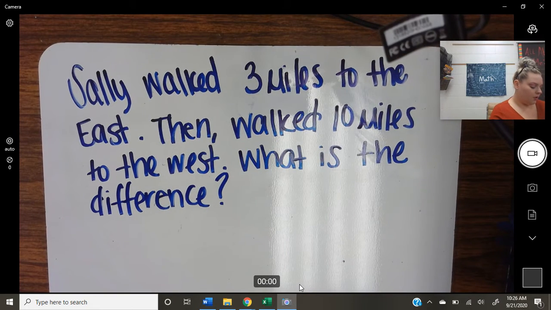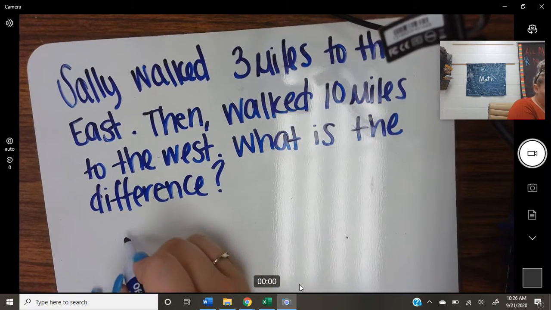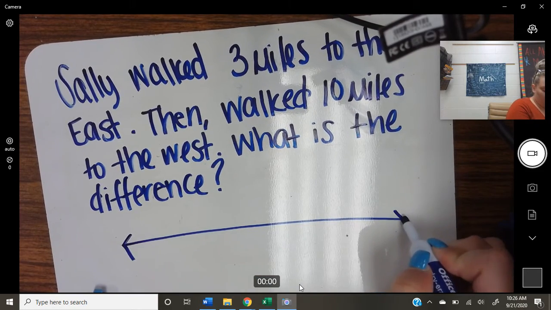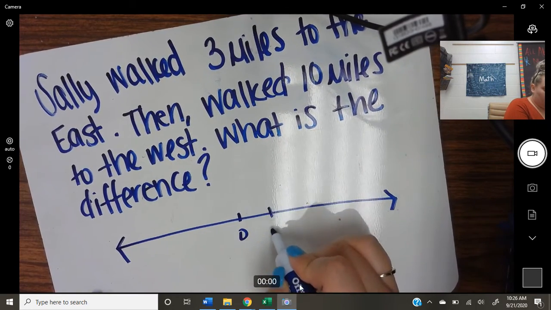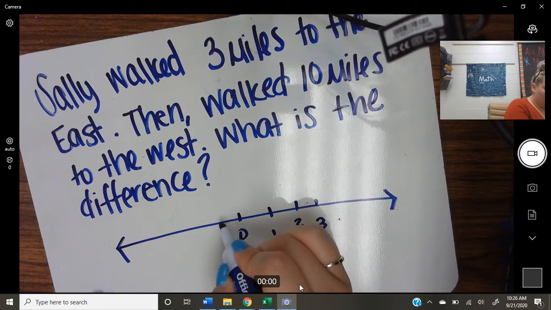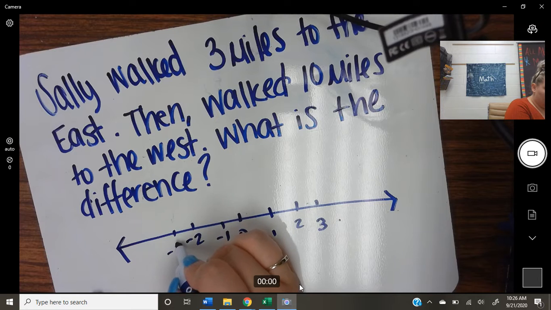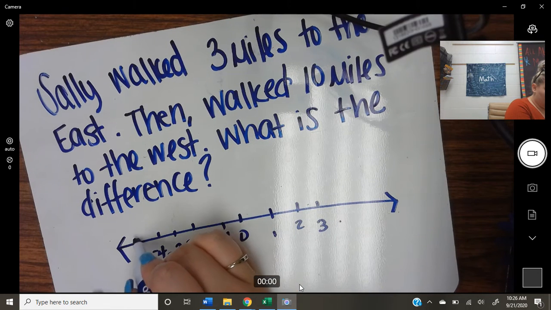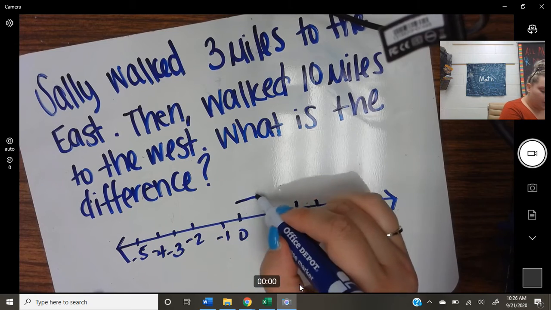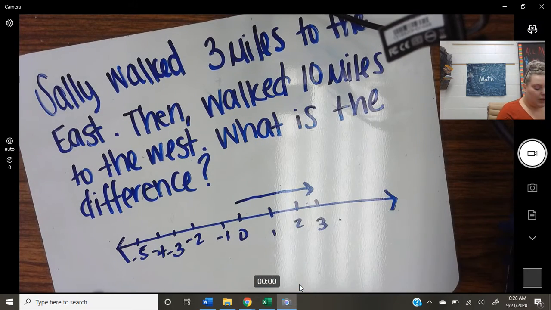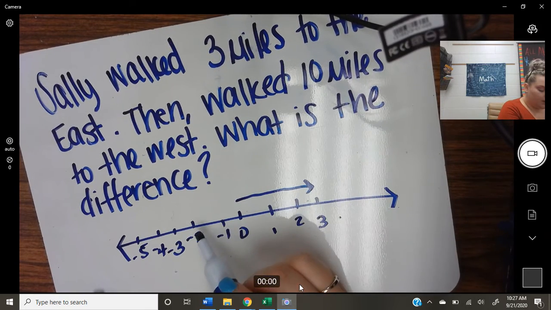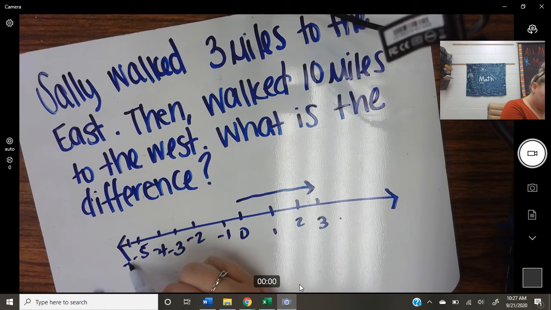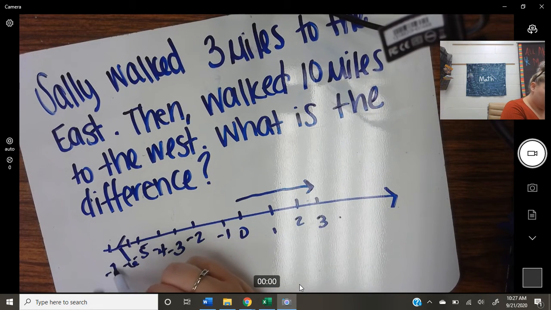Okay, so again, you can always draw number lines. We know we start at 0, and then 1, 2, 3, -1, -2, -3, -5, and so on. So we go 3 miles east. Then we have to go 10 miles to the west. So we start here: 1, 2, 3, 4, 5, 6, 7, 8, 9, 10.